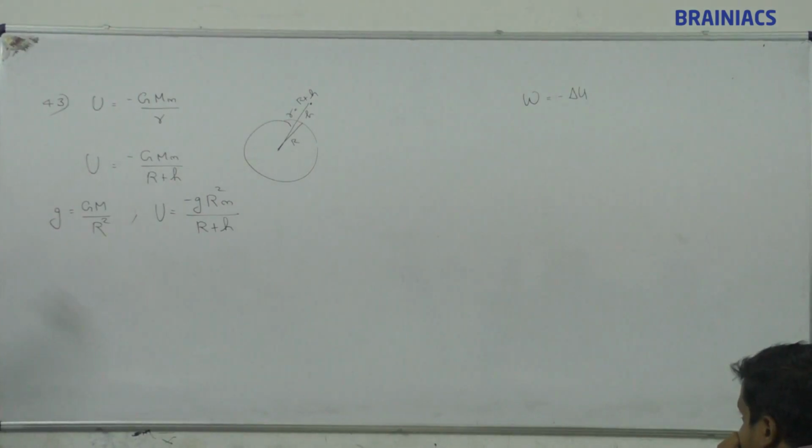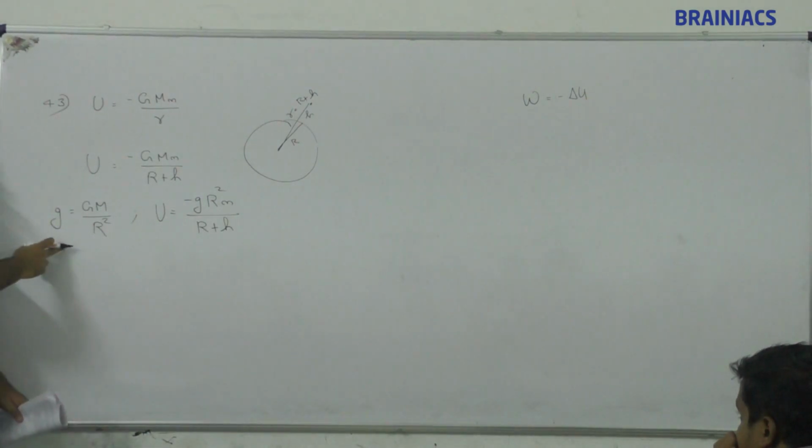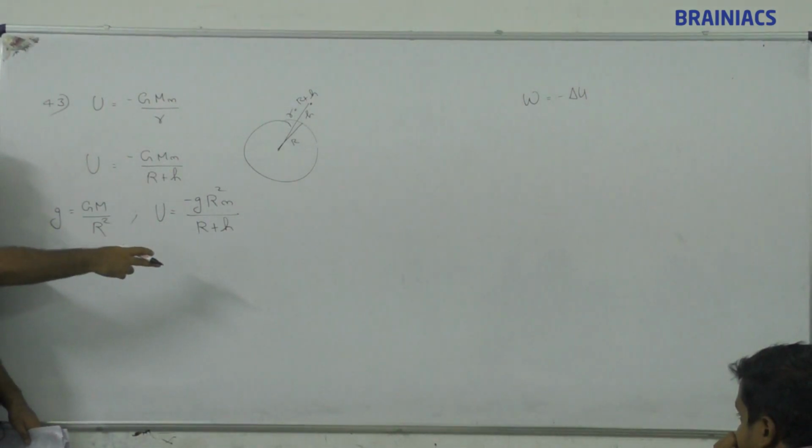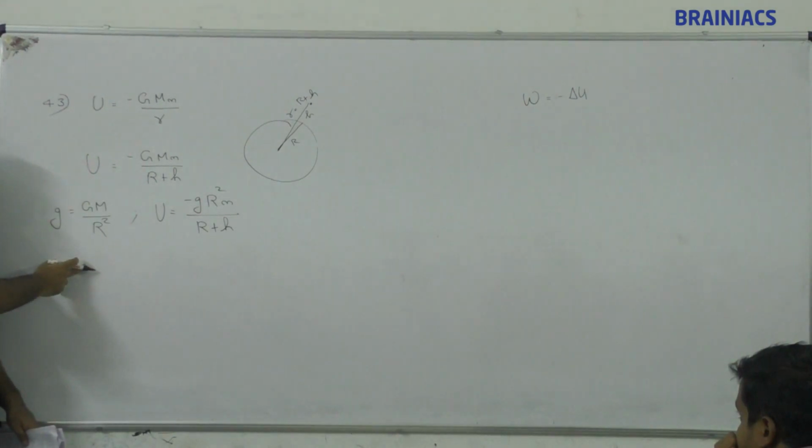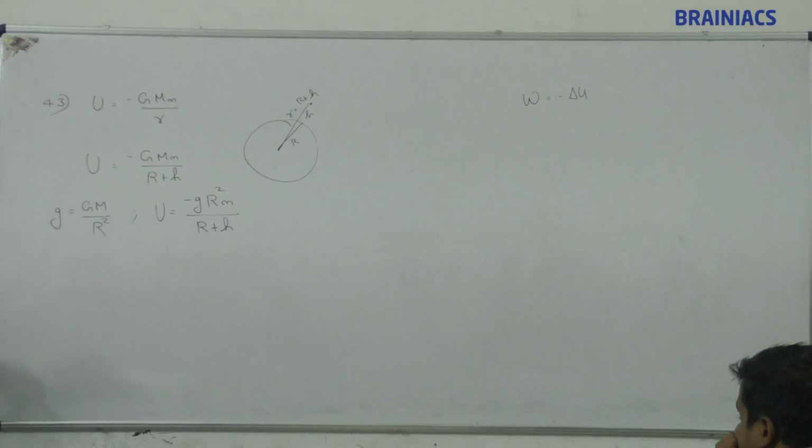Any doubt in this? If you understand this, only then will you be able to solve that problem. This is completely from gravitation. Already you have completed gravitation. Any doubt, please ask. Clear? Done? Now look at the question. That h is actually the radius r.